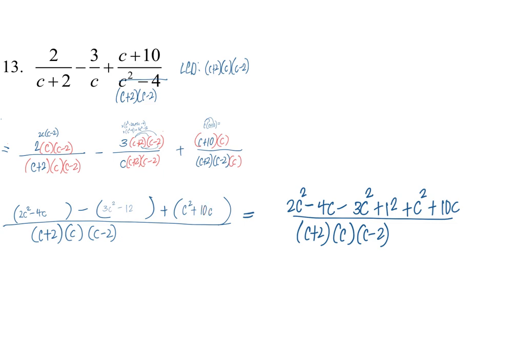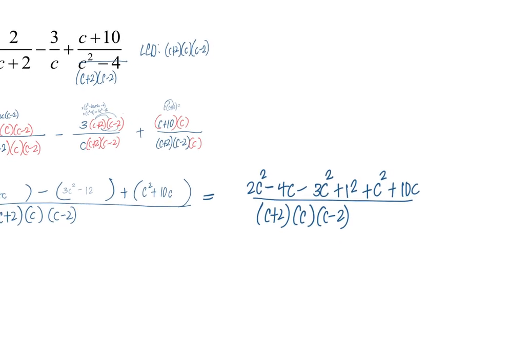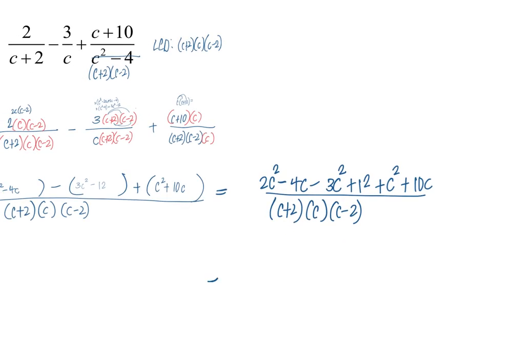At this point, we can combine our like terms. We have 2C squared and negative 3C squared and a positive C squared right here.